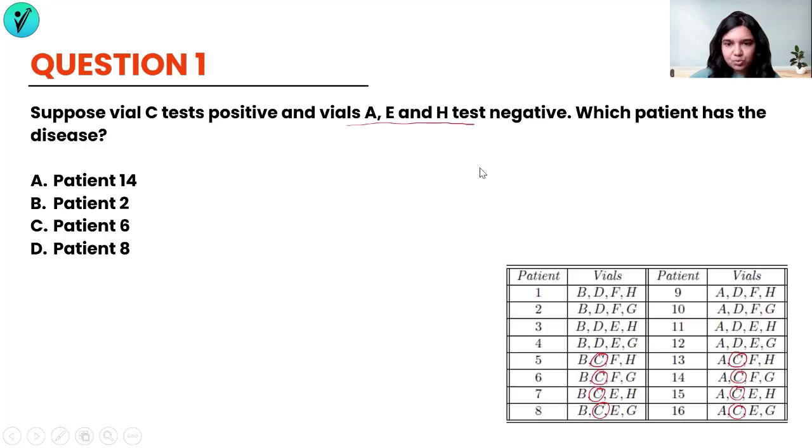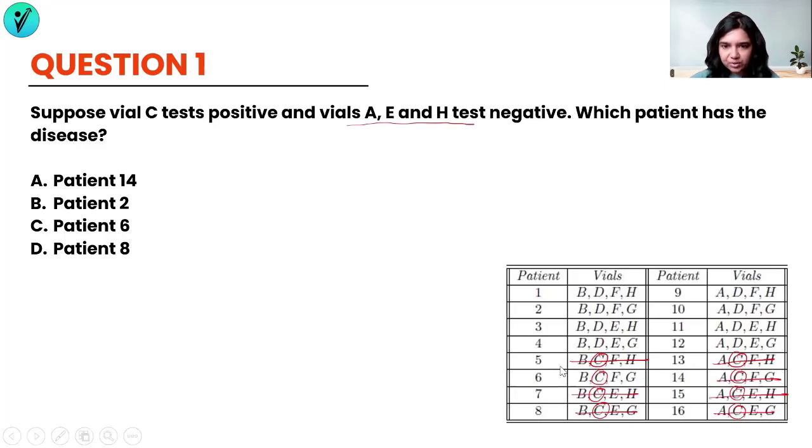Now, out of these, I'm only going to concentrate on these because C is positive here. If they have A or E or H, they are not going to be a patient. 8 has E, so cannot be a patient. 13 has H, cannot be a patient. 14 has A, cannot be a patient, and 15 has A, and 16 also has A. These are not the patients.